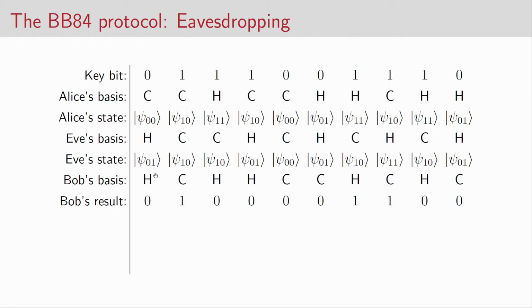So in the first case, he has chosen the same basis that Eve has chosen, and therefore he gets the same bit that Eve got from her measurement, but it is a different basis than the one that Alice has chosen. In the second case, Alice, Eve, and Bob, they all have chosen the same basis, and therefore the key bit that Alice initially prepared is also the one that Bob measures in the end.